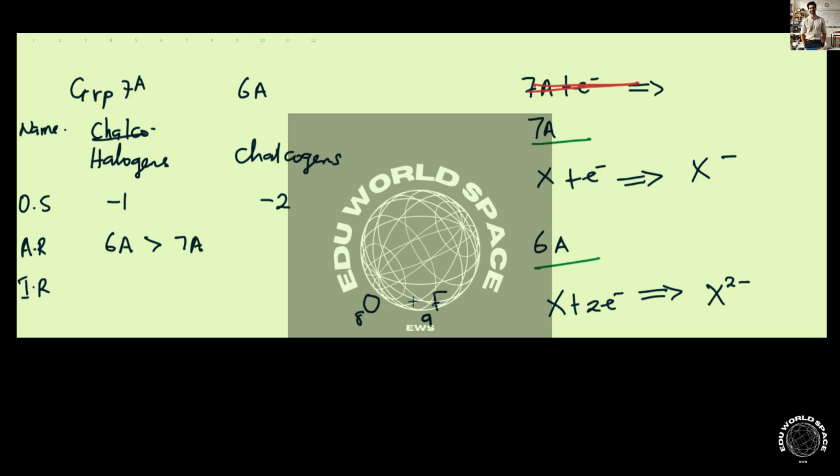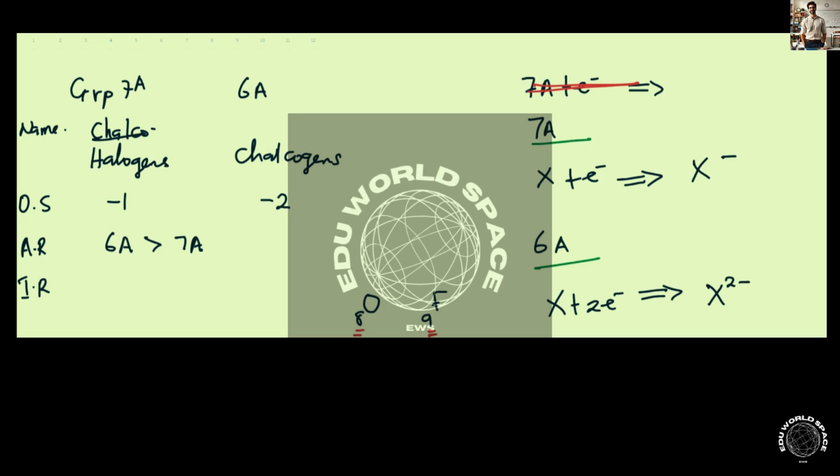So if the electron is going into the second shell, what would determine the size would be the number of protons in the nucleus. And of course, fluorine has more protons in the nucleus than oxygen.